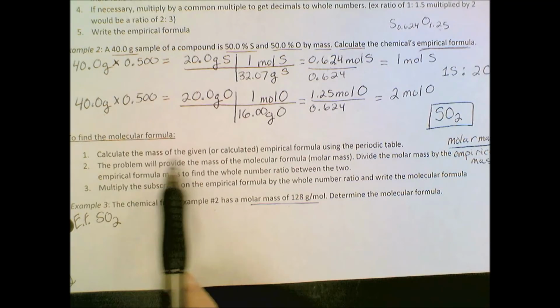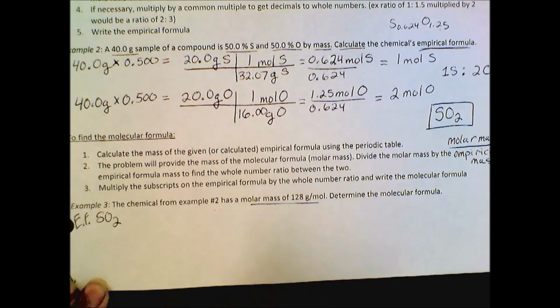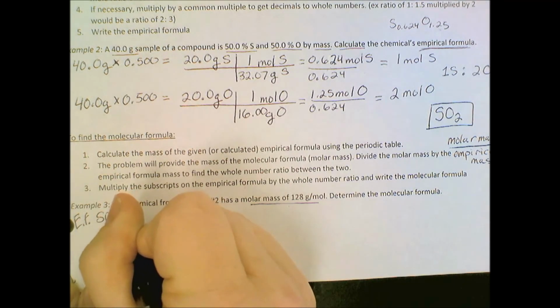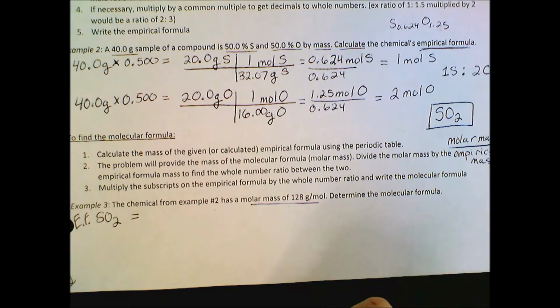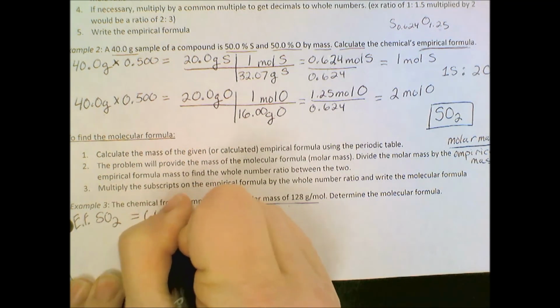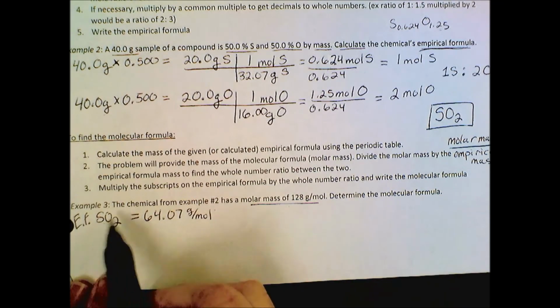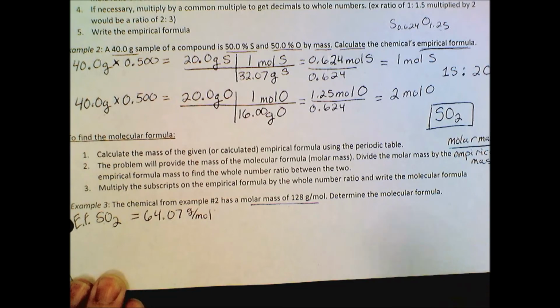So the first thing, we want to calculate the mass of our empirical formula. So 1 sulfur plus 2 oxygen, its molar mass or molecular mass would be 64.07 grams per mole. So that's just adding up a sulfur and 2 oxygen from our periodic table.